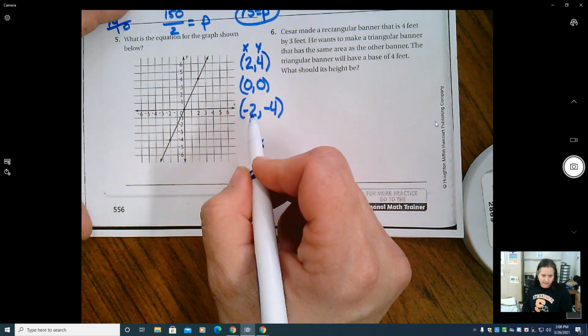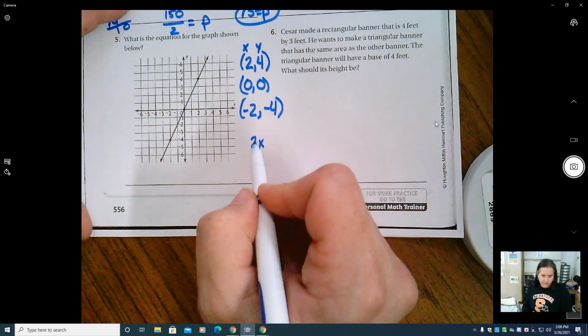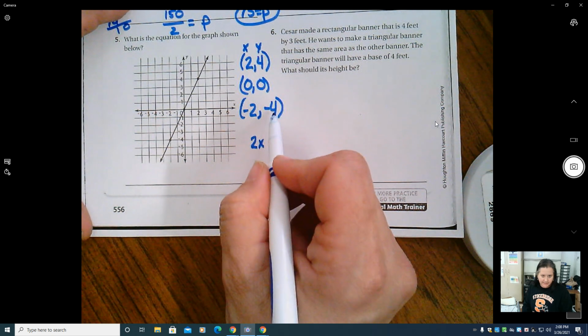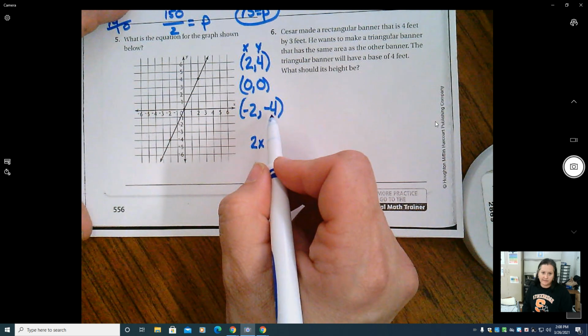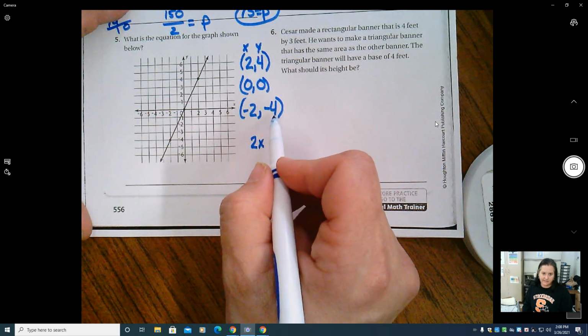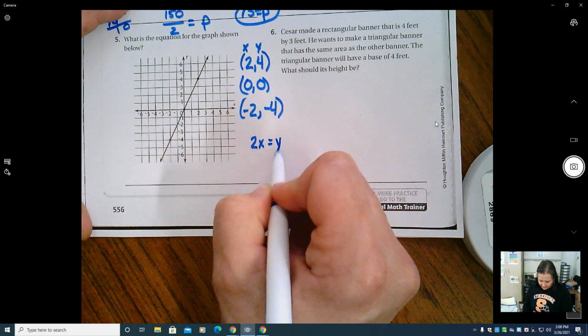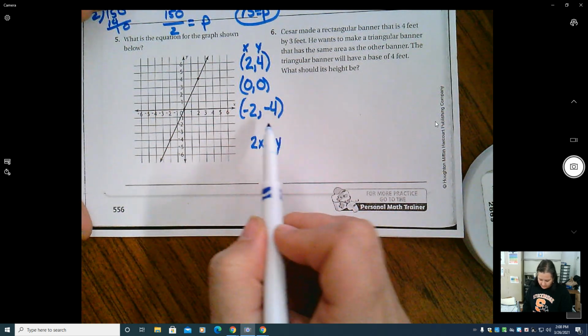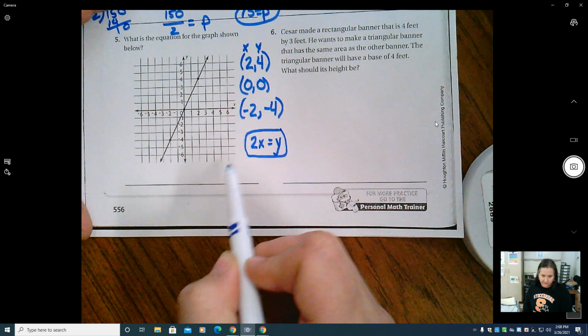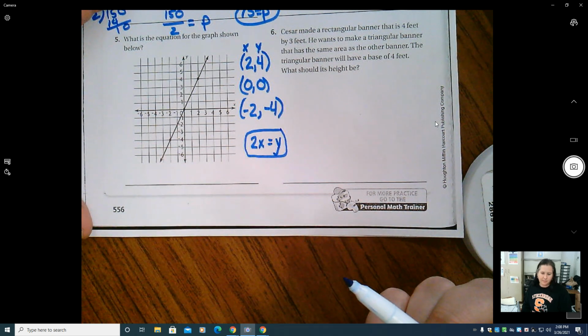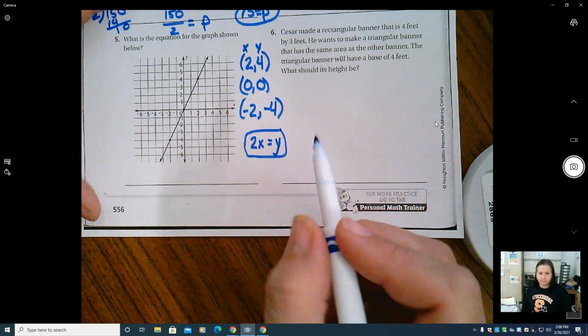Let's try this one: -2 times 2 is -4, because remember, a negative times a positive equals a negative. So that could work. So 2 times x will give us our y coordinate. So here is an equation for this graph. That was probably a tough one for you guys.